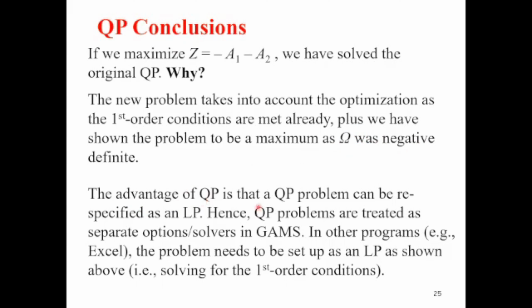The advantage of QP is that a QP problem can be respecified as an LP, hence QP problems are treated as separate options in solvers such as GAMS, and in other programs such as Excel, the problem needs to be set up as a linear program as shown by solving for the first order conditions.